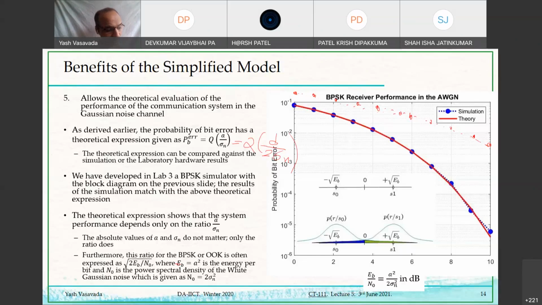So when I say that there are literally tens of thousands of engineers who have worked and who continue to work on this type of graph, what I mean to say is there are engineers who come up with ways of having hardware in the Samsung lab or in the Nokia lab or in Xiaomi's lab, which generates Gaussian noise with programmable sigma n.